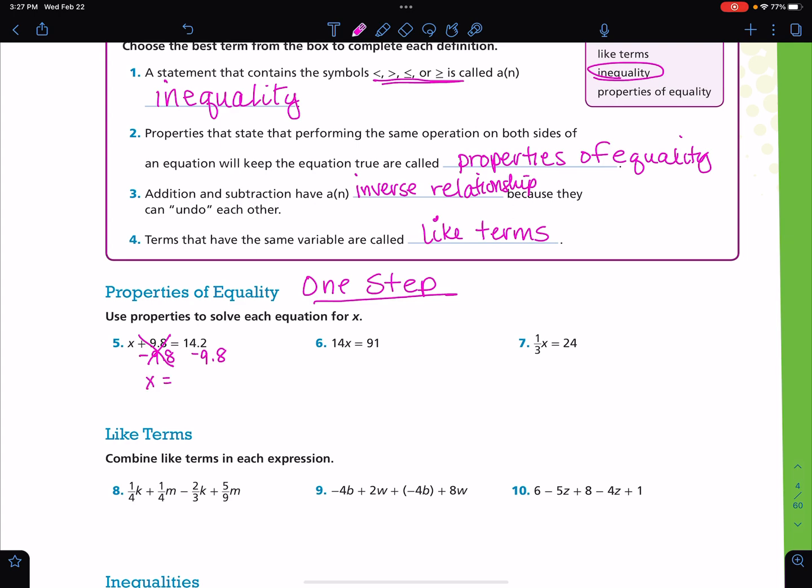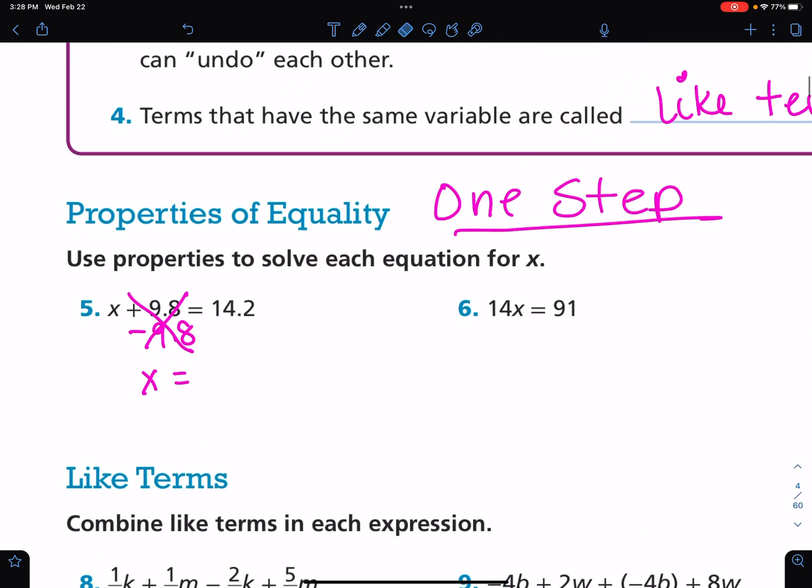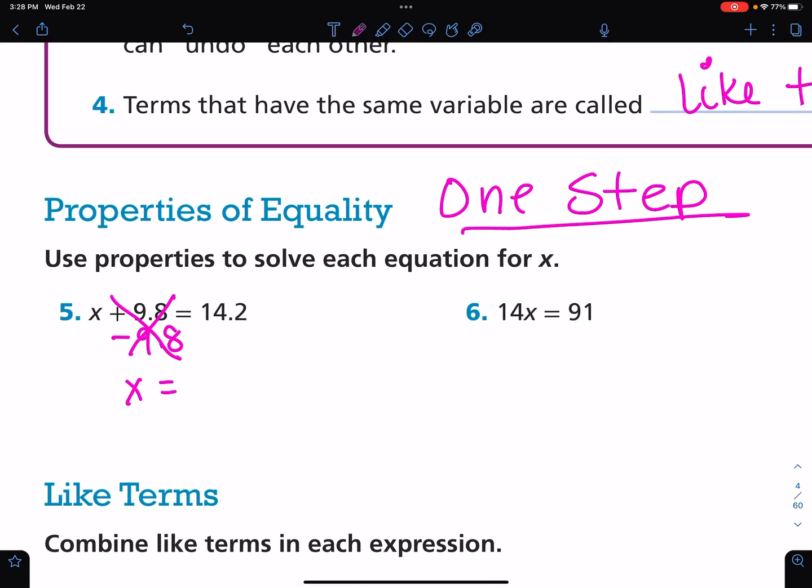That's the whole point of doing it, to isolate the x by itself. I did not line that up very well, so I'm going to help me and help you by making it bigger. I'm going to subtract 9.8 from both sides. 12 minus 8 is 4, 13 minus 9 is 3, and I can't forget my decimal point.